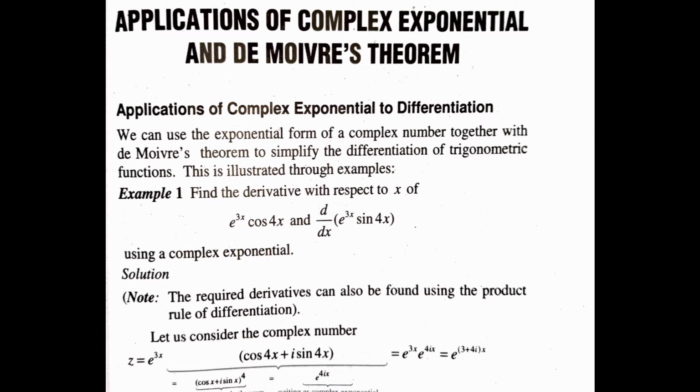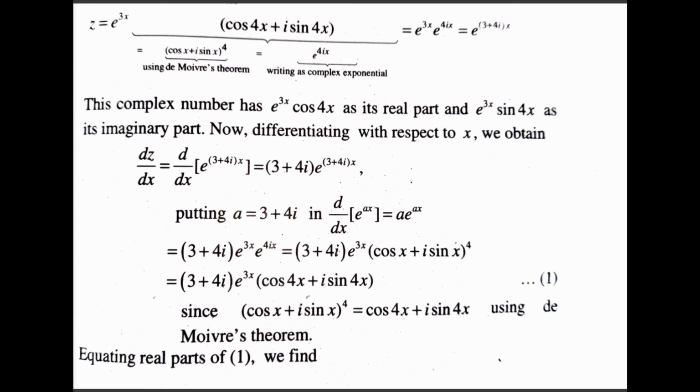Here it is e raised to 3x plus 4ix, that is e raised to (3 plus 4i) into x. This is a complex number. This complex number has e raised to 3x cos 4x as its real part and e raised to 3x sin 4x as its imaginary part.